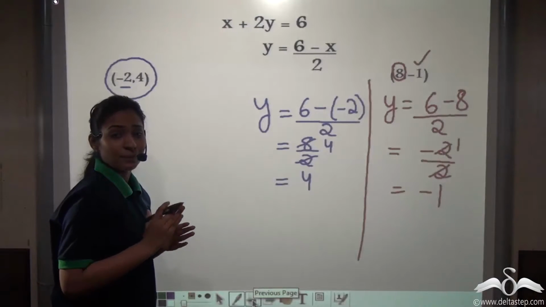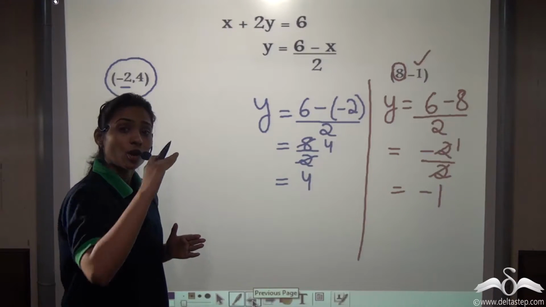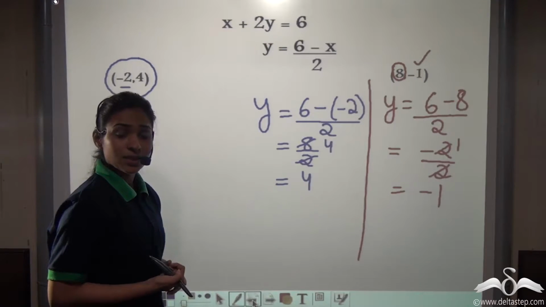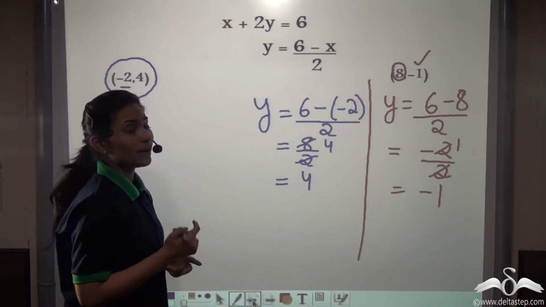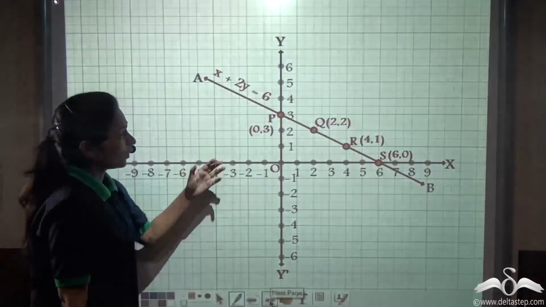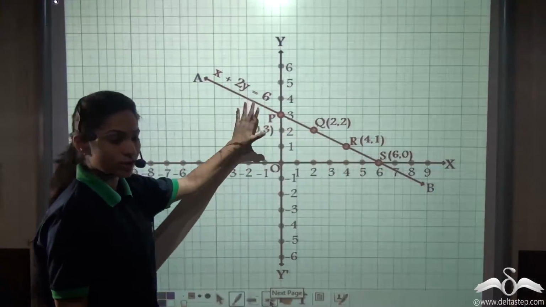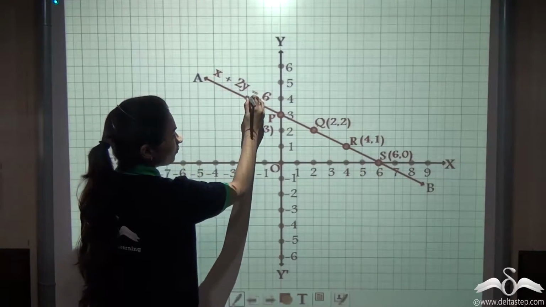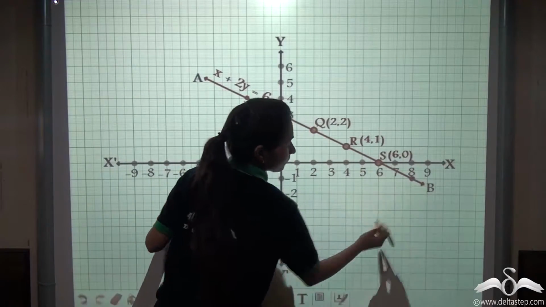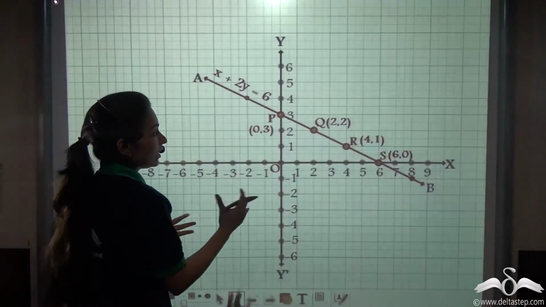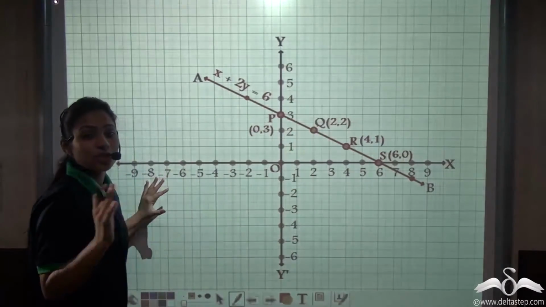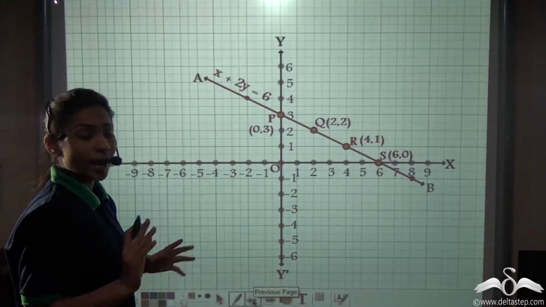Well, does that mean that if any point does not lie on that straight line, then it may not be a solution of this equation? Well, let's check. We know that these 4 points lie on this straight line. We have even discovered 2 more, -2, 4 and 8, -1. Well, let's take any point outside this line, anywhere on the graph paper, which does not lie on this straight line. Let's take the point, say, 8, 5.